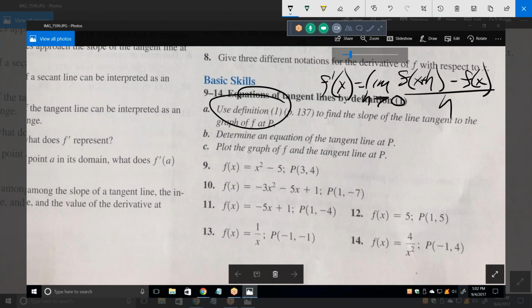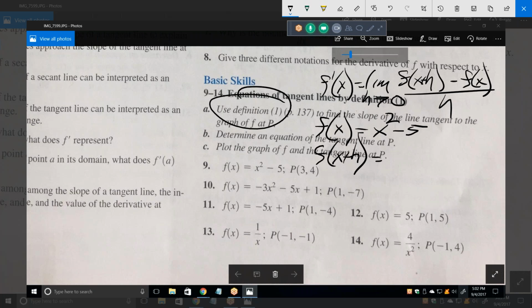It really does. Okay? But since we have to do it by this definition, we got to know what f of x plus h is. So if f of x, in our case, is x squared minus 5, tell me what f of x plus h is. We need that in that formula.